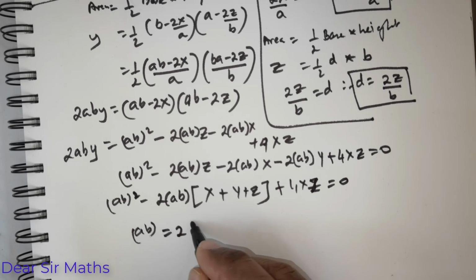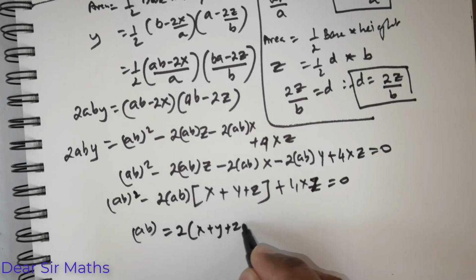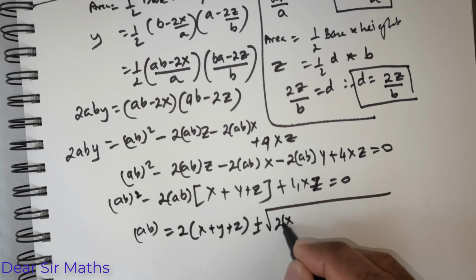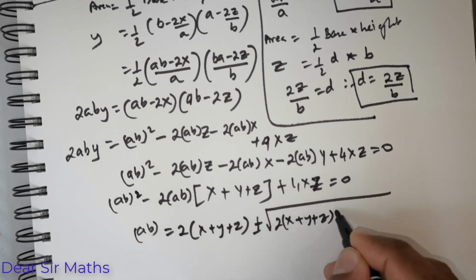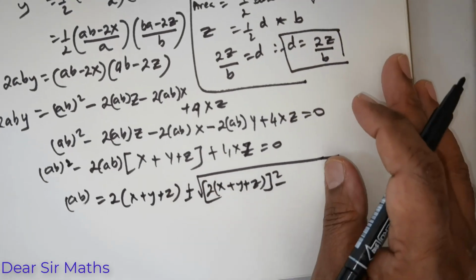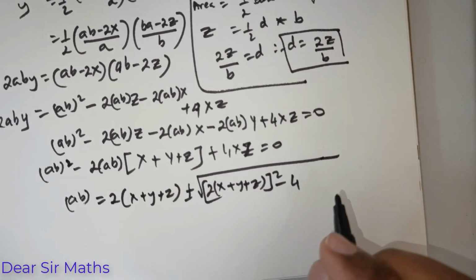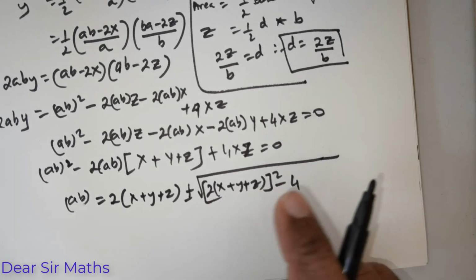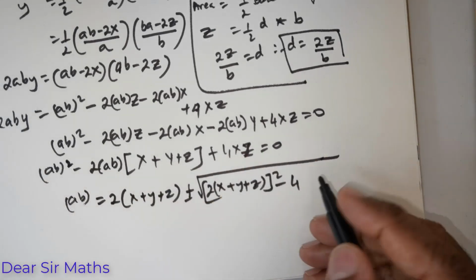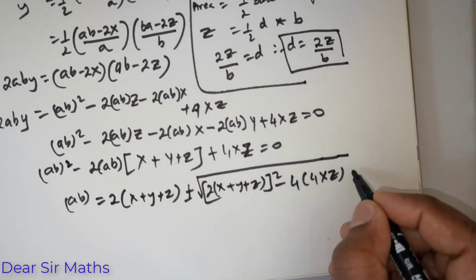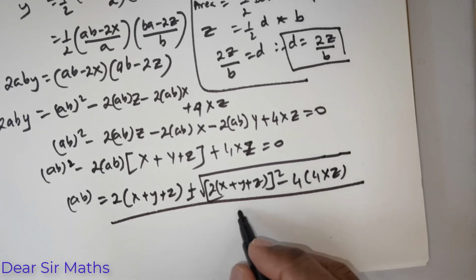So it's going to be 2 times (X plus Y plus Z), plus or minus the root of 2 times (X plus Y plus Z) raised to the power of 2, minus 4 times, right, B squared minus 4 times A, where A is 1 and C is 4 times XZ, divided by 2.